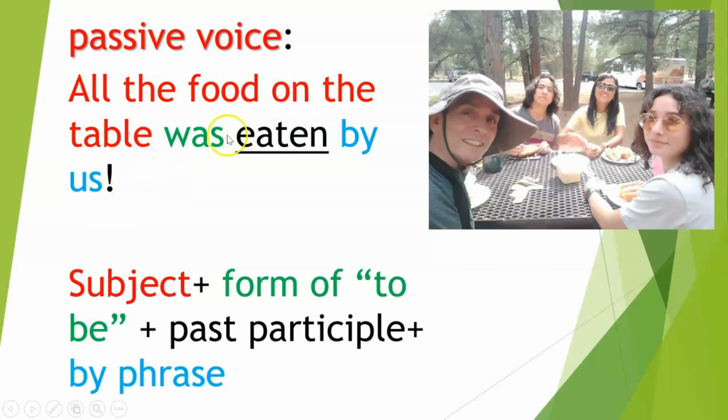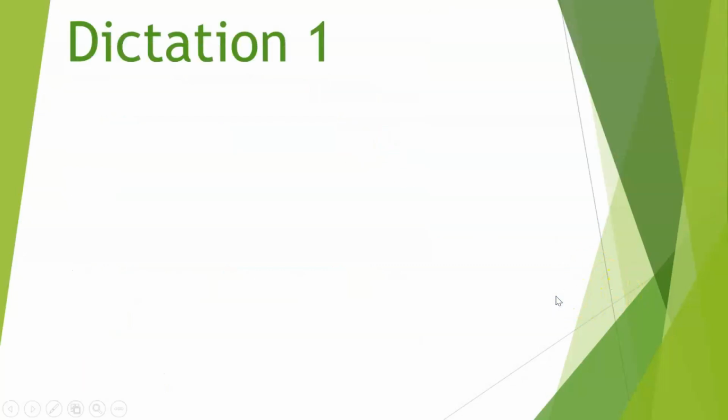Now, all the food on the table, that's the subject, and it will be at the beginning of the sentence. Then we have a form of to be. In this example, it is was, which is the simple past. Eaten is the past participle called the third form. And then at the very end, we have the by phrase, which again tells us who did the action. But for now, let's focus on our first dictation.